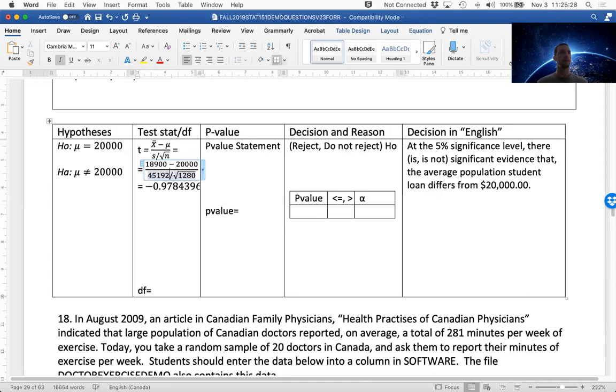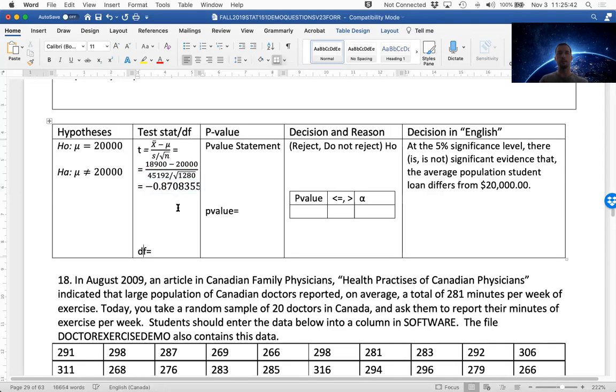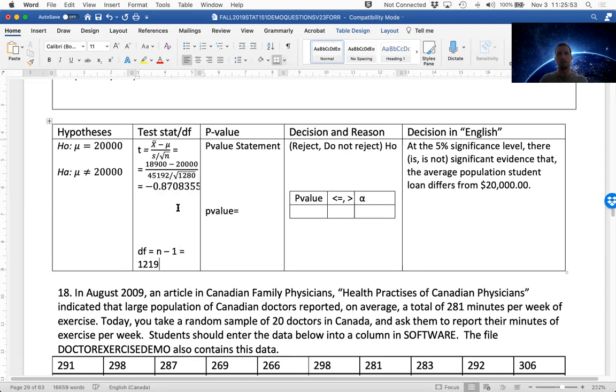In working this value out, we should end up with a number quite close to what we had before, which in this case is 0.8708355. Since we're using a t-value, we can also note our degrees of freedom, which is n-1 here, equal to 1219.